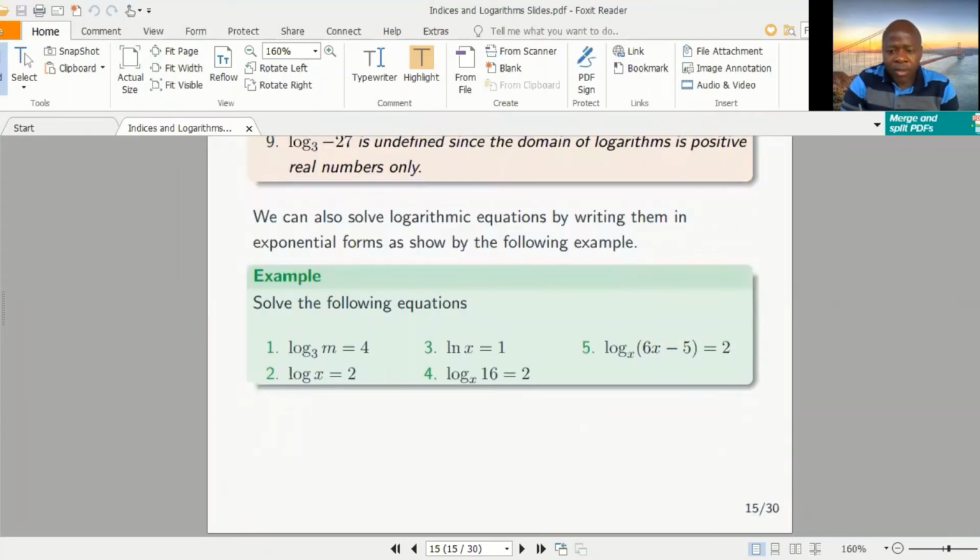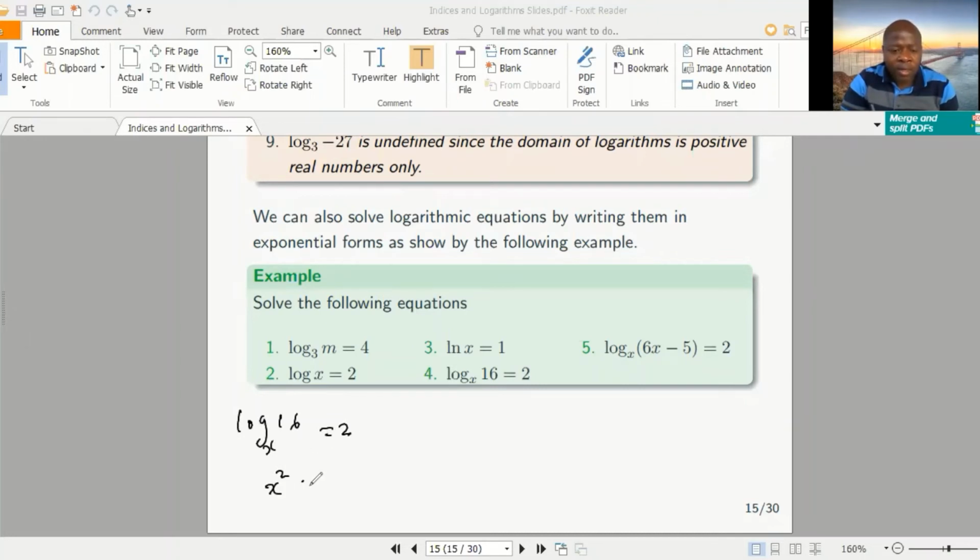Question 4 is: find x if the log of 16 to base x is 2. Let me just write what the question is saying. Write this in index form.